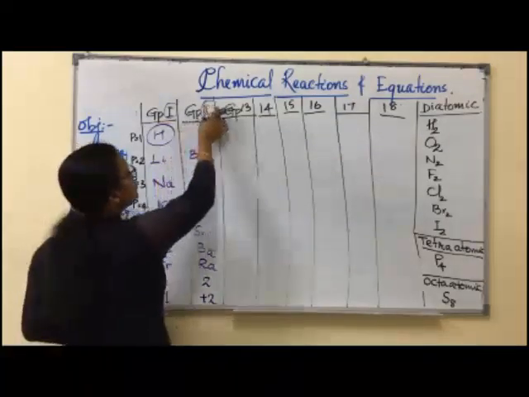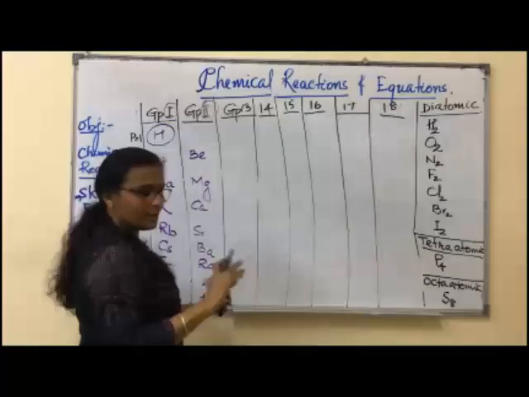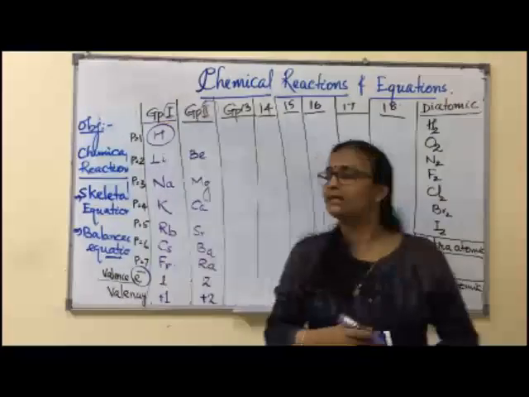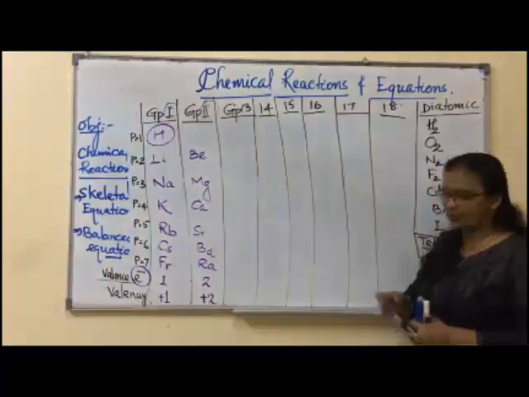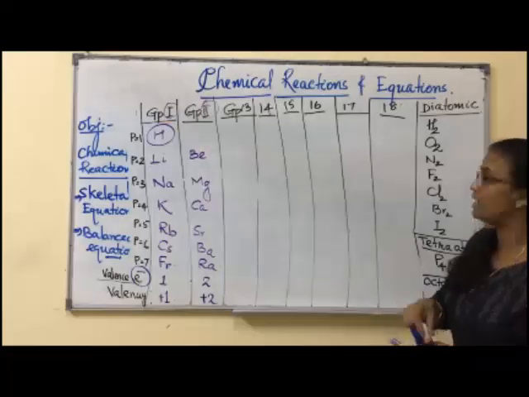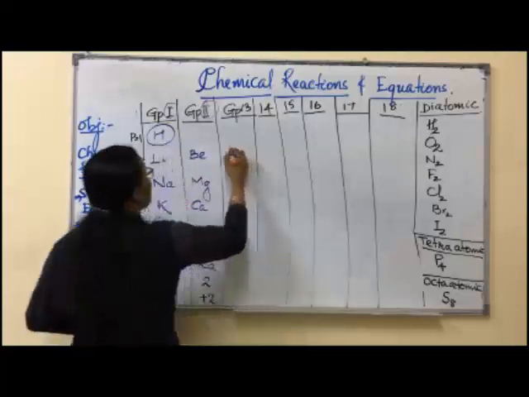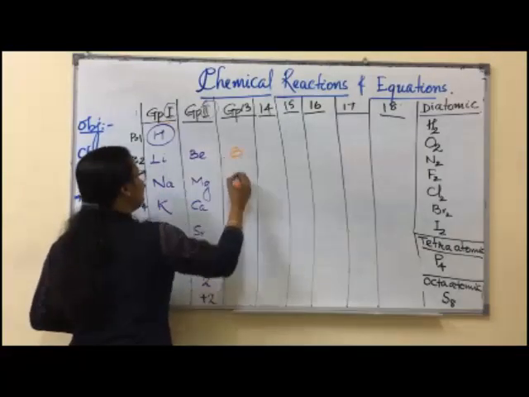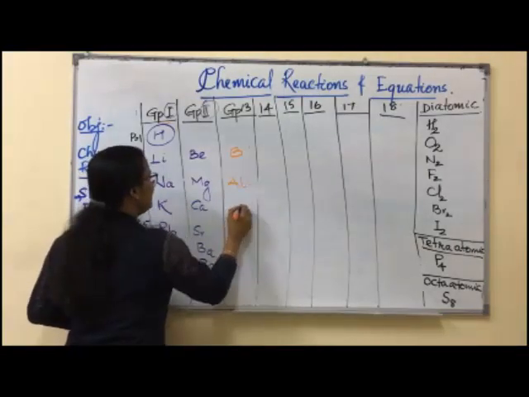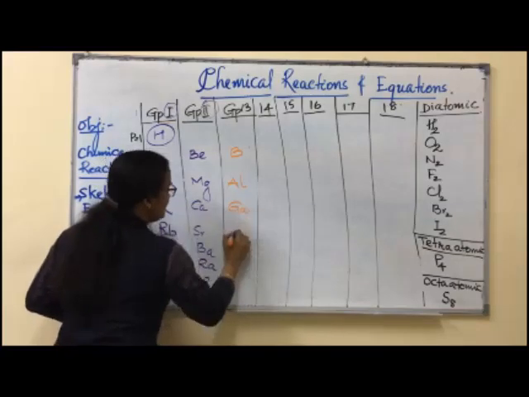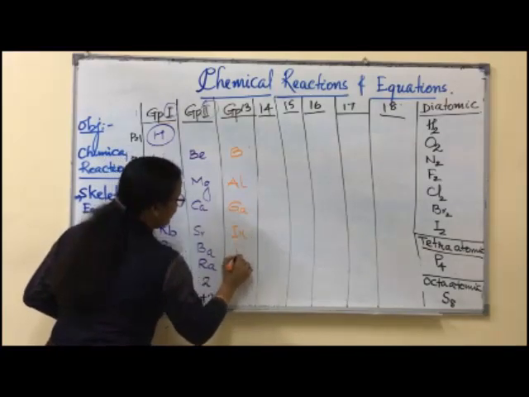Then in between group 2 and group 13 there are 10 more groups that we will be discussing later in the periodic classification of elements. So here we can write group 13 elements, starting with boron, aluminium, gallium, indium and thallium.